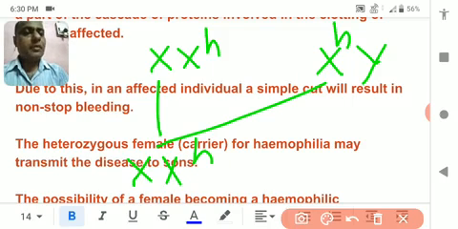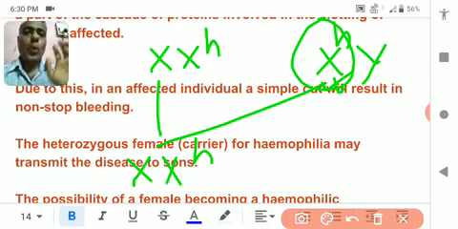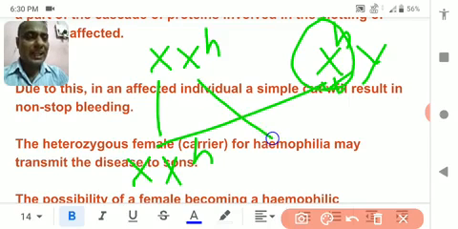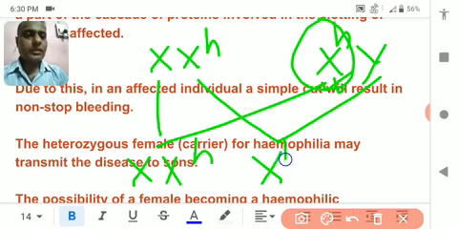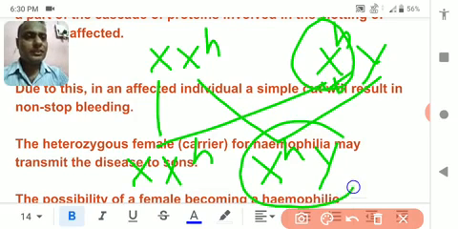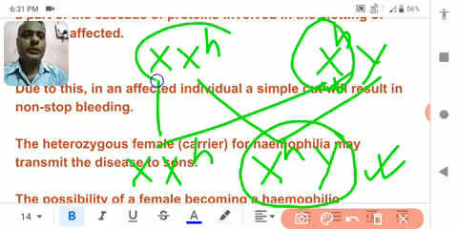Means the father cannot spread the disease to his son because he has only one X chromosome. But if the hemophilic trait containing X comes to the Y, the son will be affected due to the carrier mother.